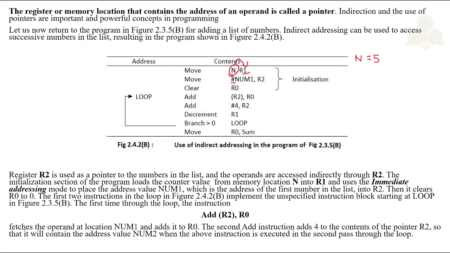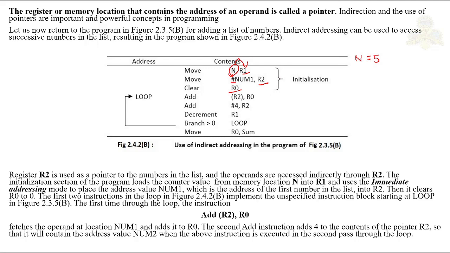Using this immediate addressing mode, we can place the address value of num1 into register R2. In our case, R2 would act as a pointer. Then we will clear the register R0.